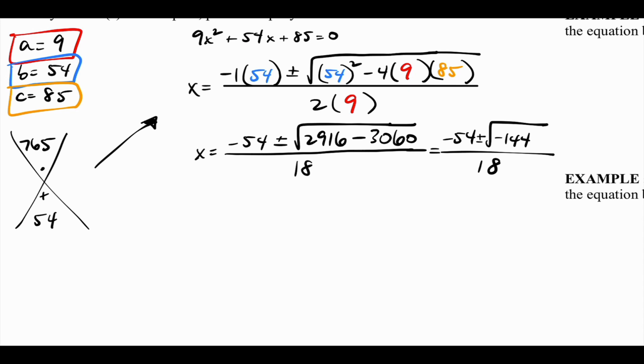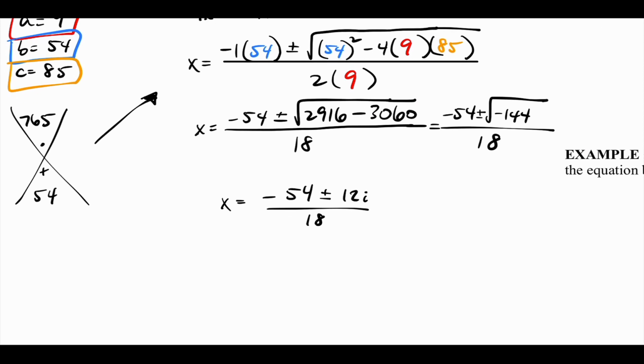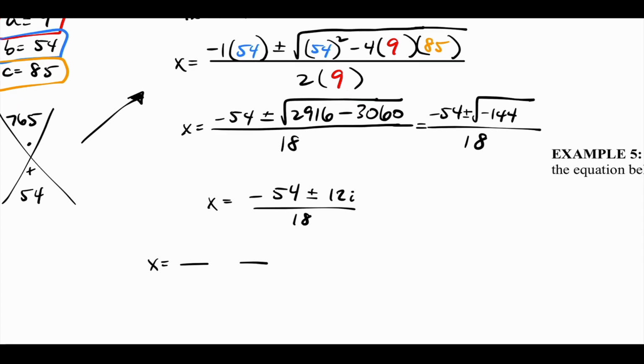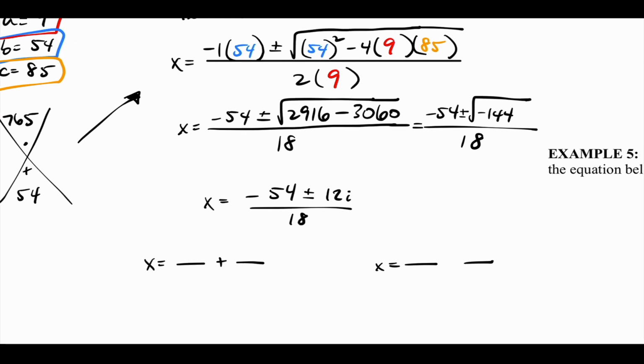Okay. So we get negative 54 plus or minus 12I over 18. Split them up. One gets the plus, one gets the minus.